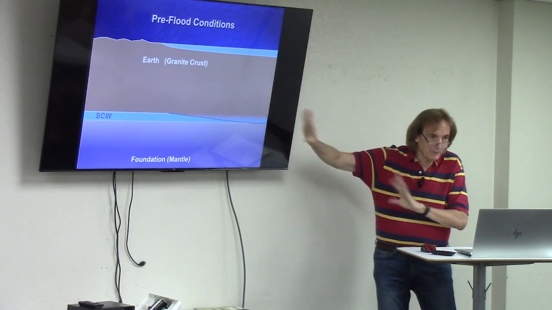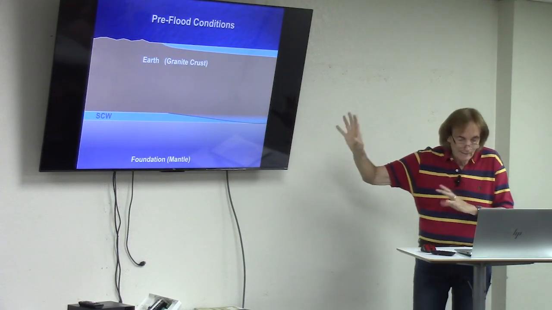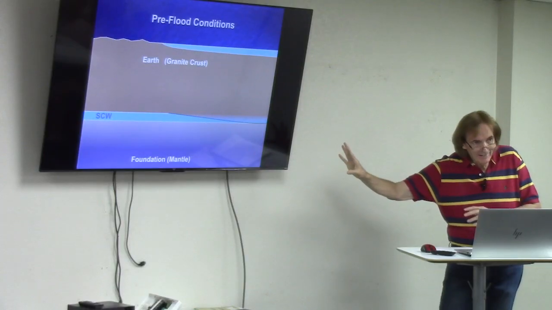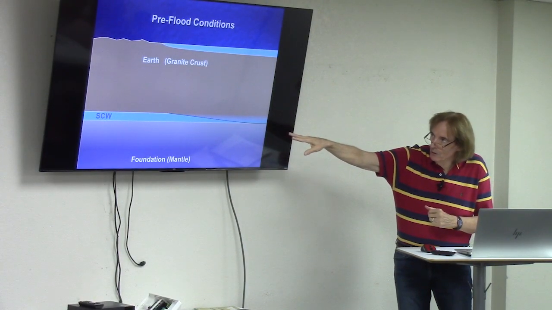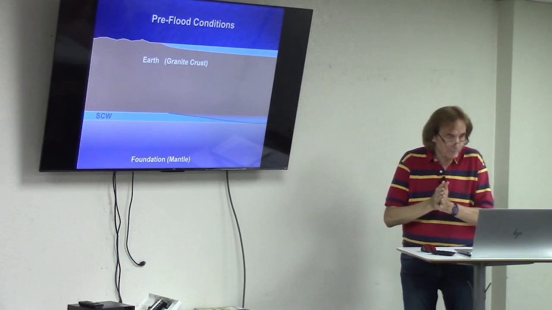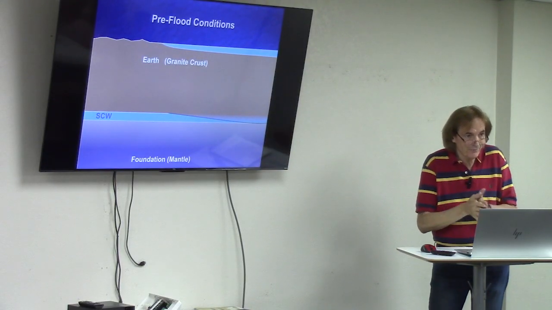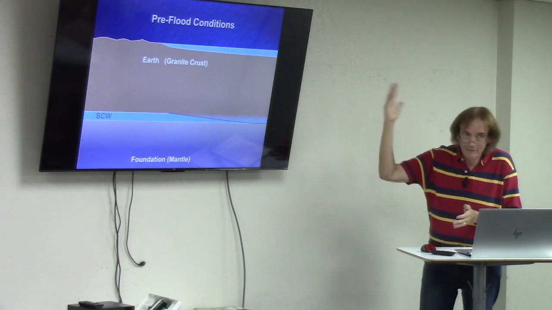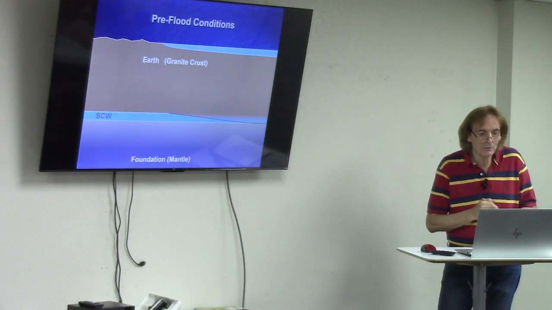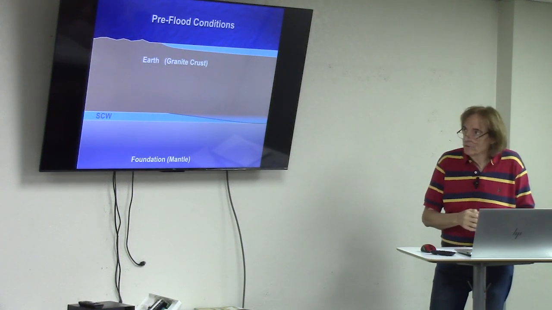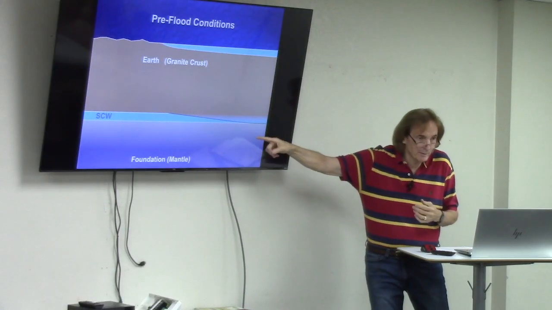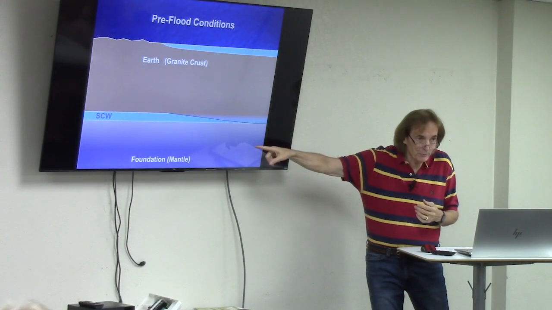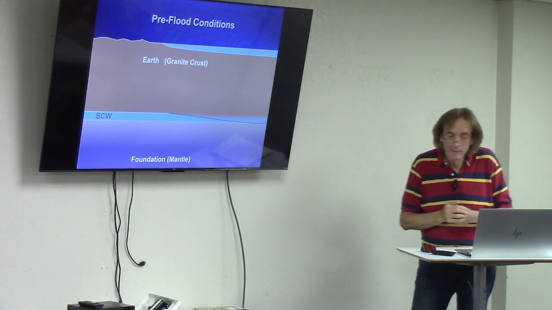And there's reasons for that I won't get into now so I don't get too sidetracked here, but that's where this water below is, which then when the rupture occurs in the crust, when the flood starts, is released. And when there's this release, there's this explosion because of all this heat buildup and pressure in these trapped subterranean water chambers.